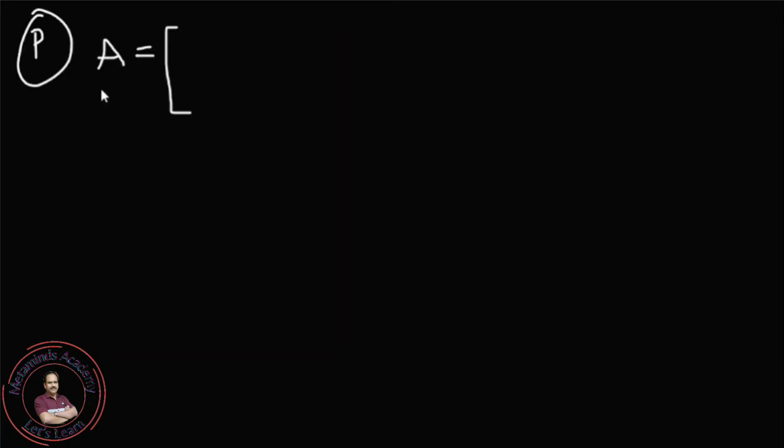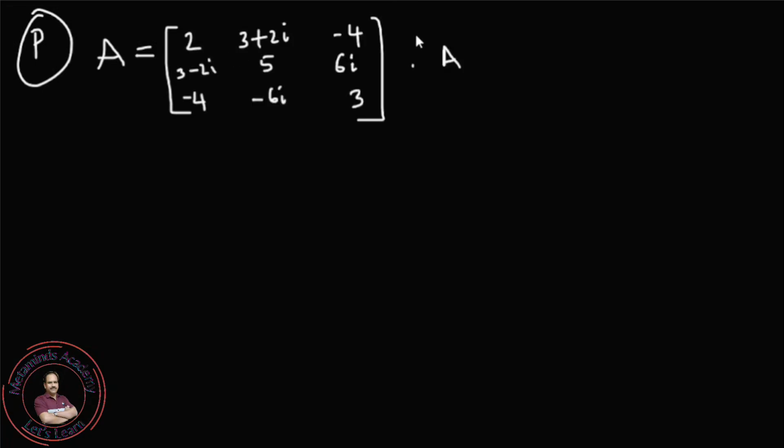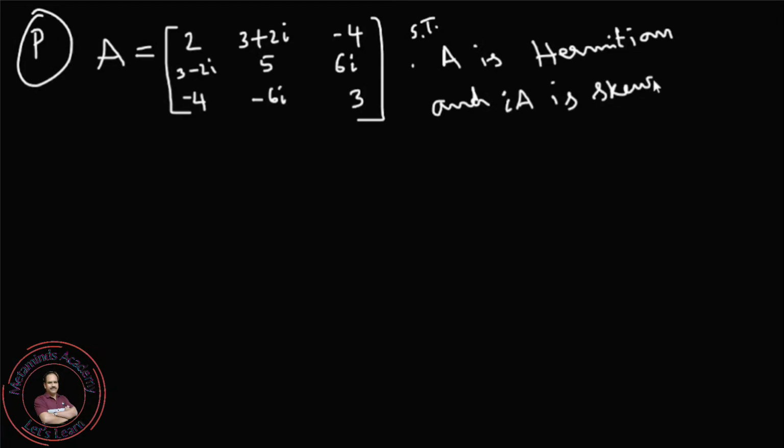So coming to this problem, if you take the matrix A, show that A is Hermitian and i into A is skew Hermitian.